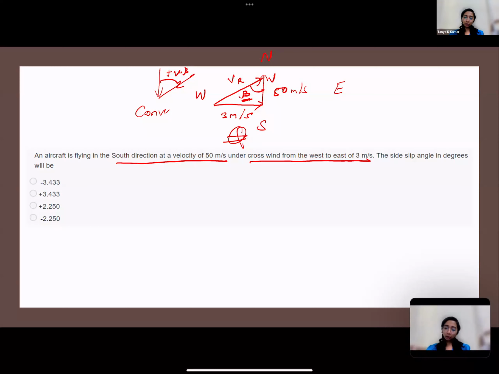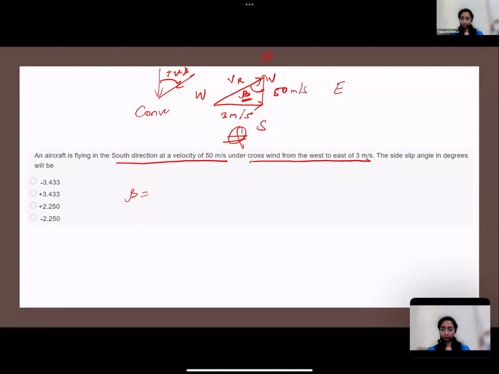Okay. Now, how do you find out beta? Can you tell me the value or tell me the equation? It's very simple, it's just a right angle triangle.